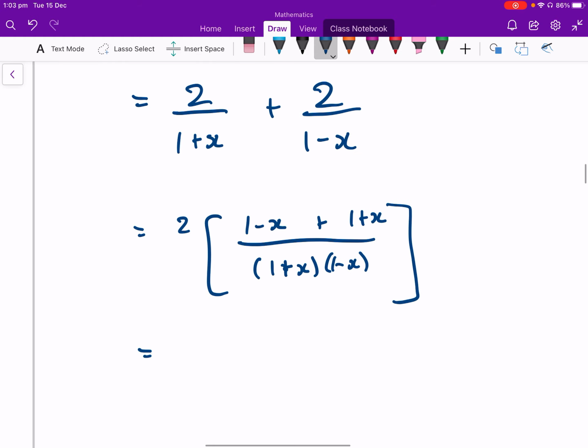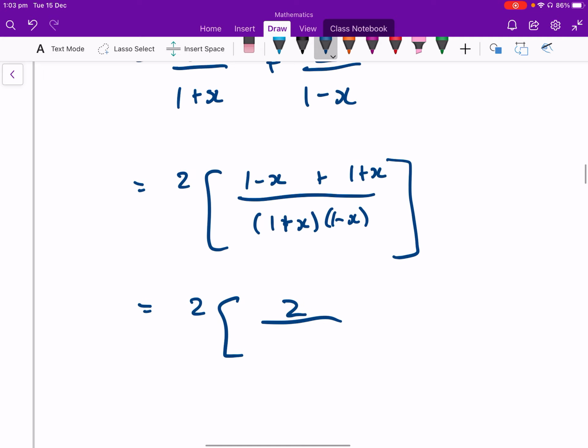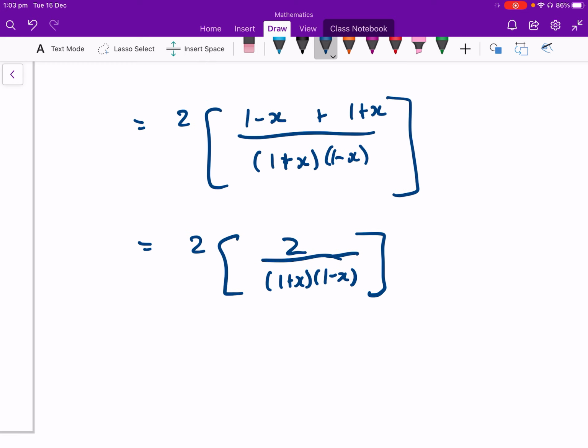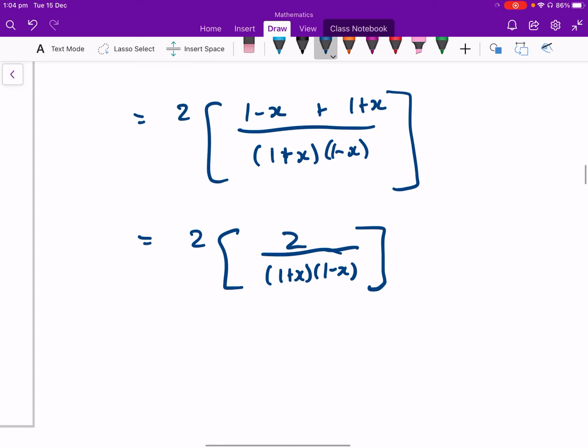Okay, so simplifying the top there, I'll have 2 over (1 + x)(1 − x). So that actually ends up being a nice solution of 4 over (1 + x)(1 − x).